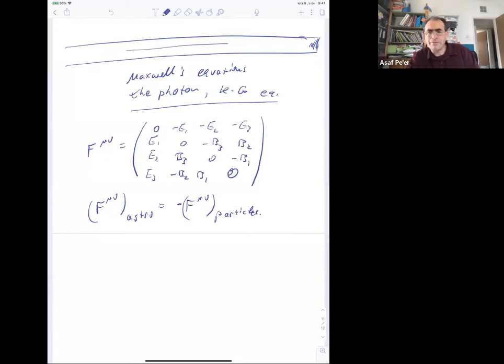Or did anyone never see this before I introduced this notation? Please raise your hand. One raises a hand. Does that mean that everybody else has seen this Faraday tensor before? Yes, okay, very good. Faraday tensor.